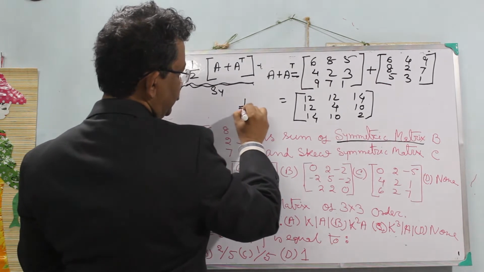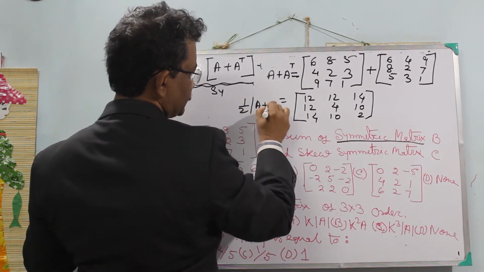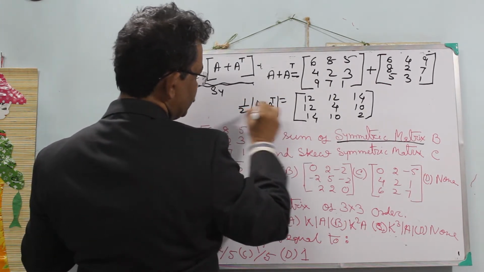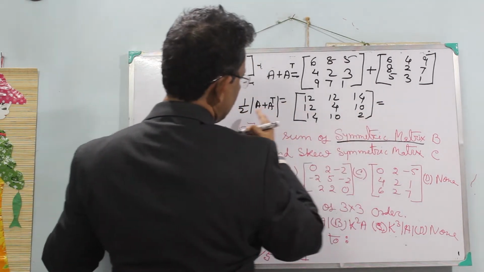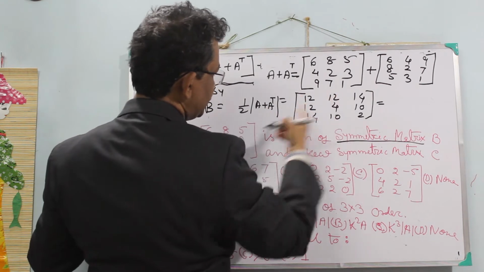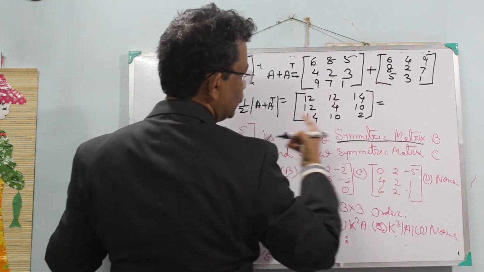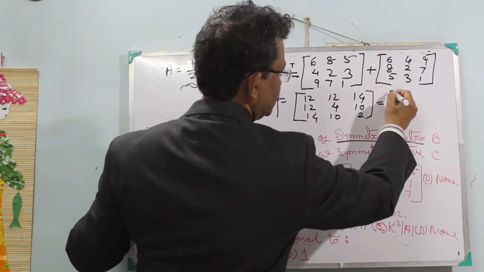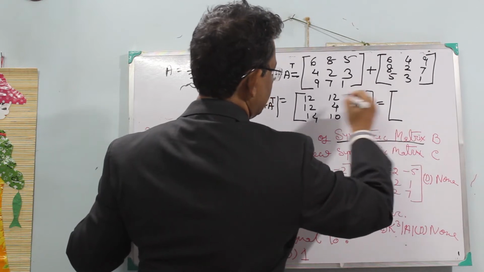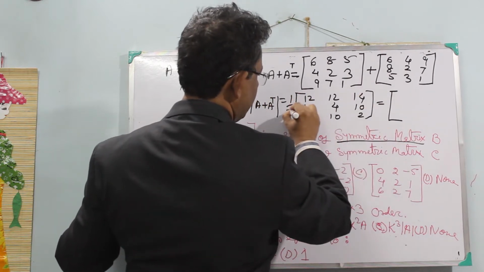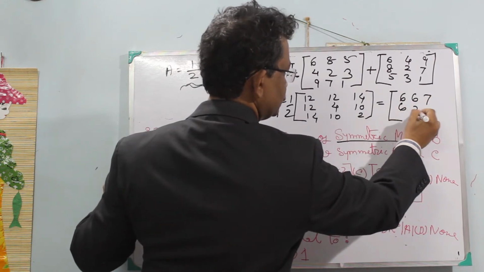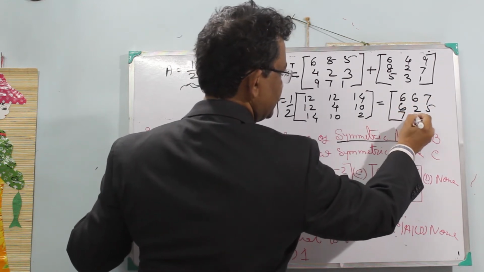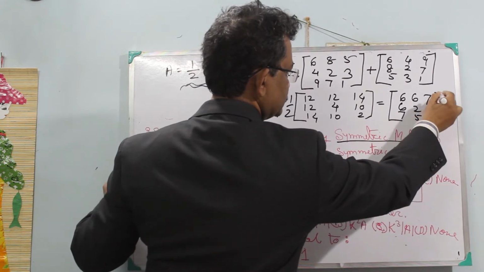Now half of A plus A transpose, which is equal to B, is found by multiplying each element by half. So we will get 6, 6, 7, 6, 2, 5, 7, 5, 1.